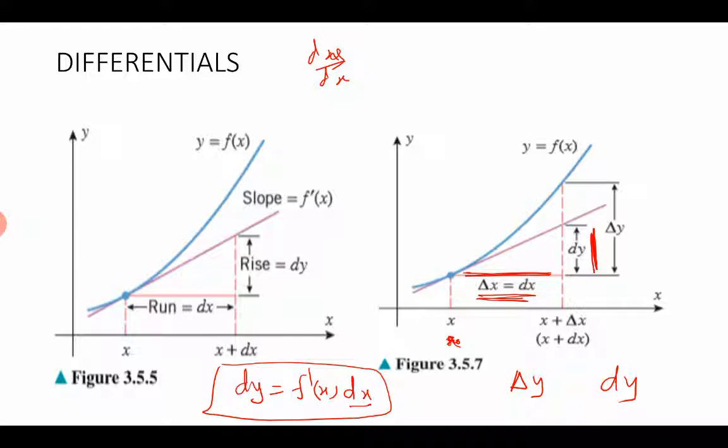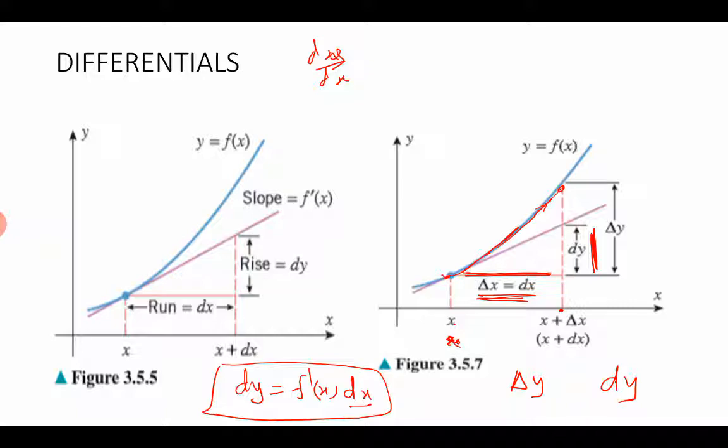The delta y represents the change in the curve y that occurs when we start at x and travel along the curve until we move from x to x plus delta x. So this is it. This is called delta y, isn't it?